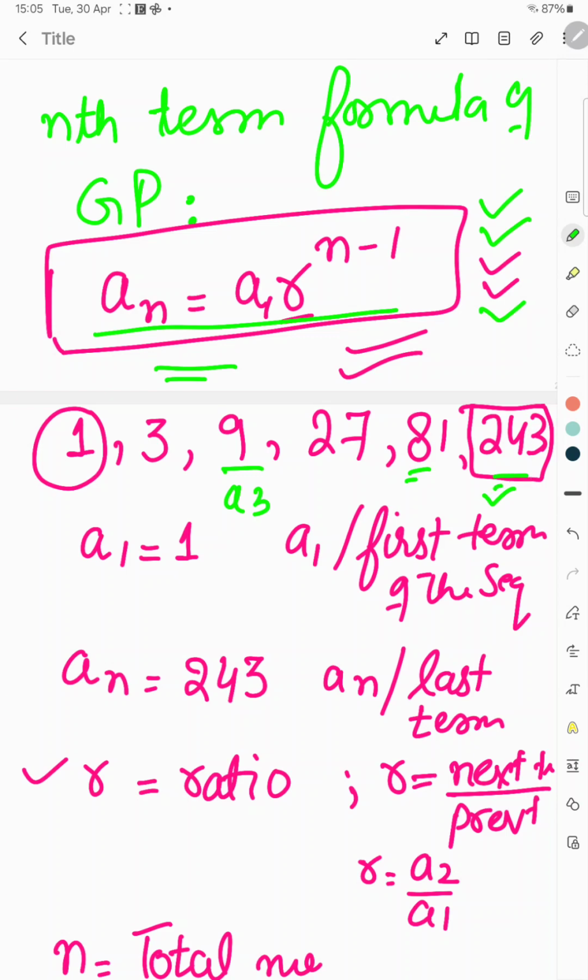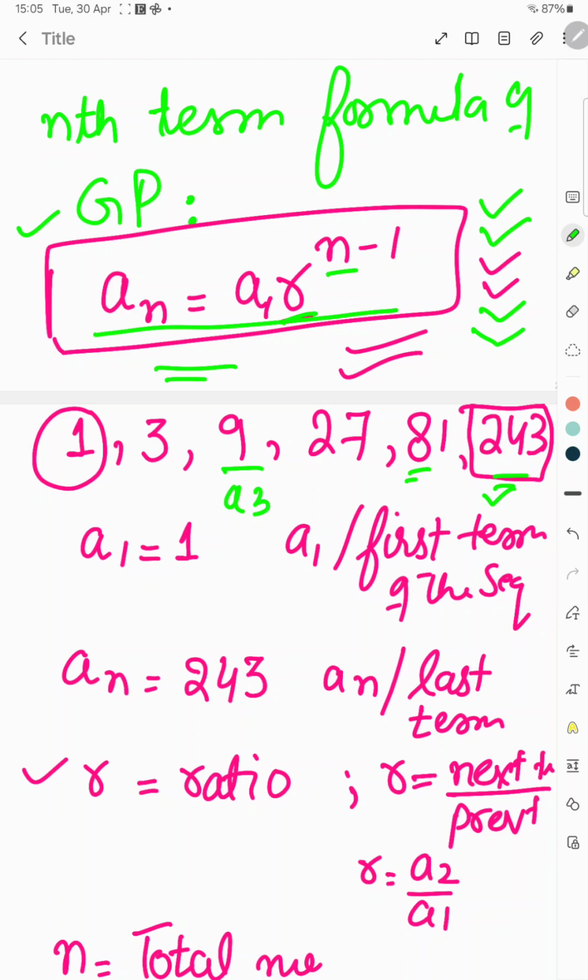And if the last term is missing, then you will use this formula. And besides that, this formula is used whenever any term is missing. For example, if a1 is missing, then we will again take help of this formula. If r is missing and the first term and second term are not known, then again we will use this formula.